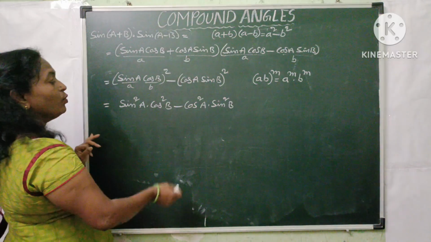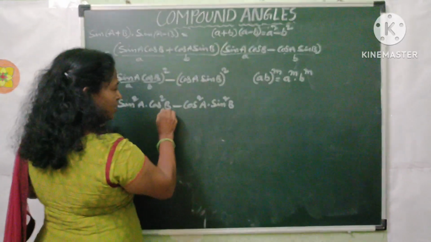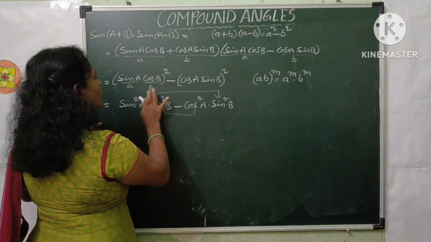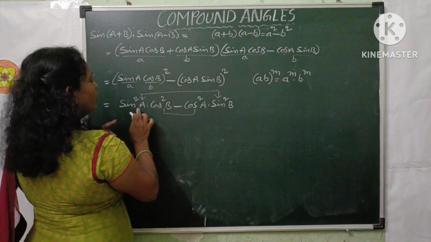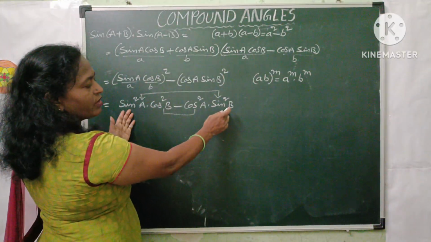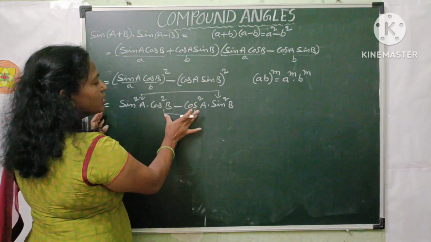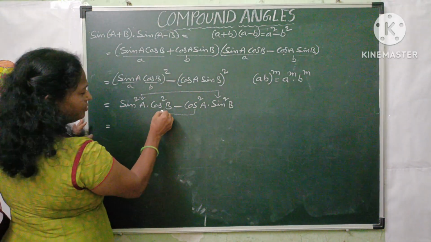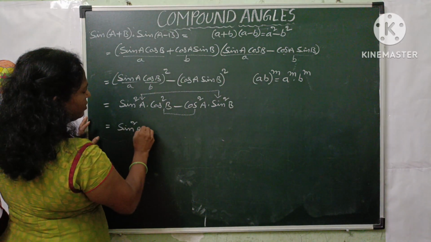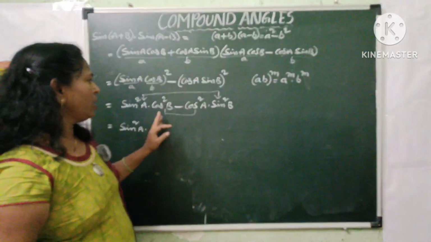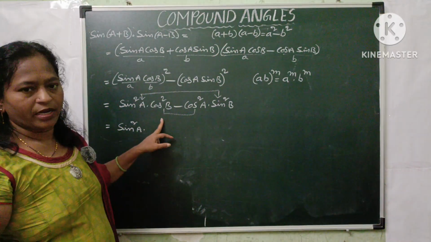Now we have to change these ratios. Any two combination only we have to change here. If you change these two ratios, sin square a and sin square b, we will get one formula. If we change these two, we will get another formula. So first I am changing cos square b. So sin square a into cos square b, how can you write it? 1 minus sin square b, identity.